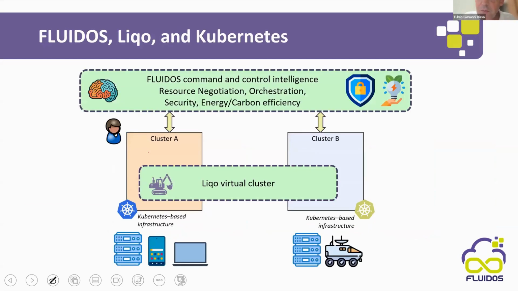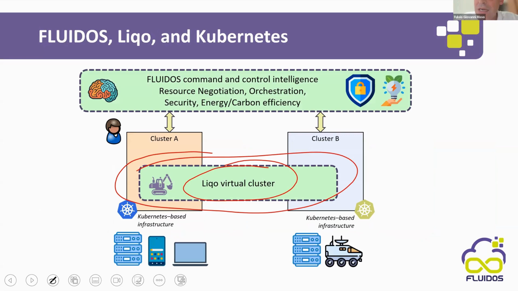So what's the difference between Kubernetes, Liqo, and FLUIDOS? So Kubernetes is the minimum common denominator. Liqo, with the idea of the virtual cluster, allows us to see the aggregation of multiple clusters as a unique entity.